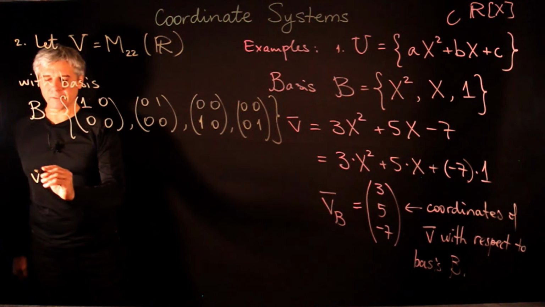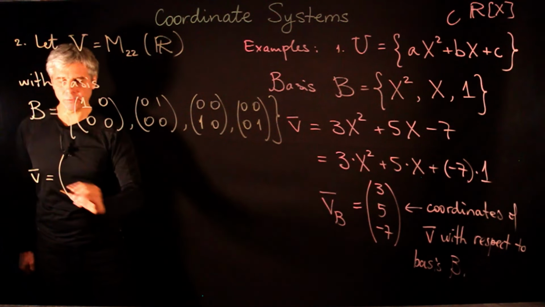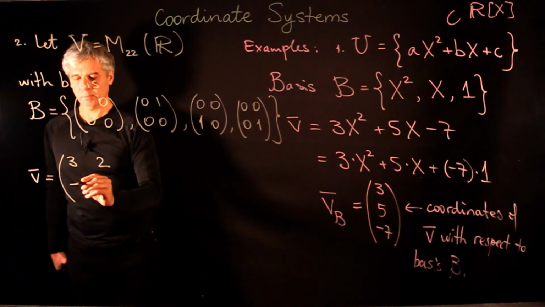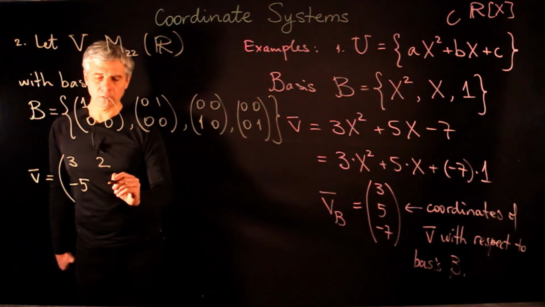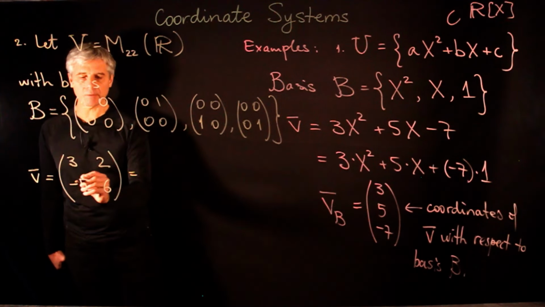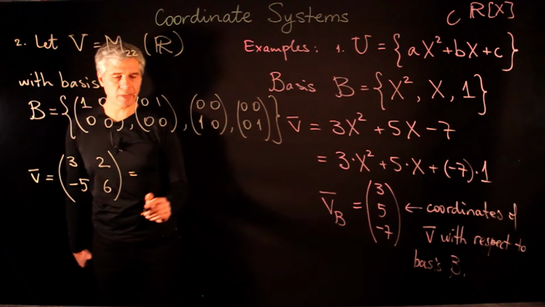Now, if we take as a vector in this vector space the following matrix: 3, 2, minus 5, 6, then we decompose this matrix as a linear combination of basis vectors.